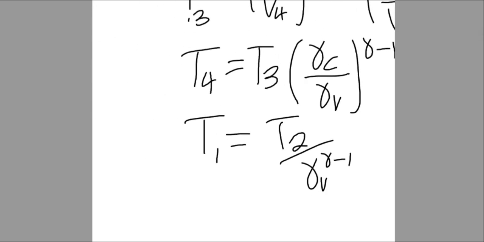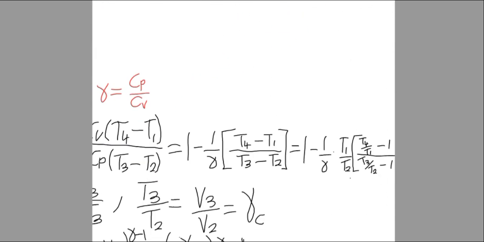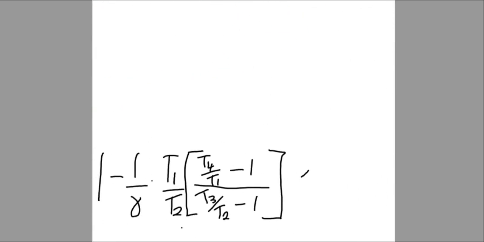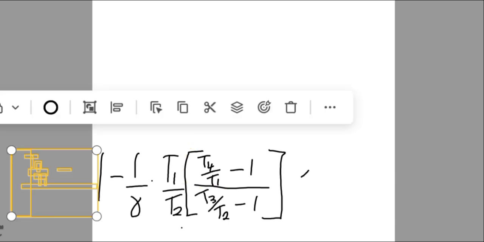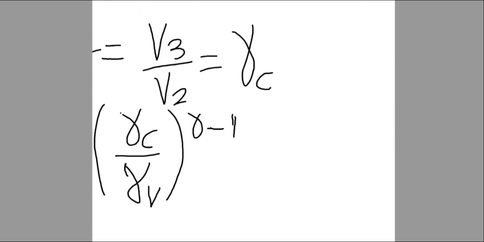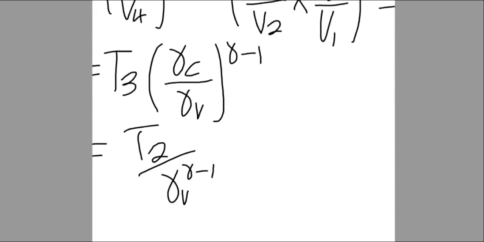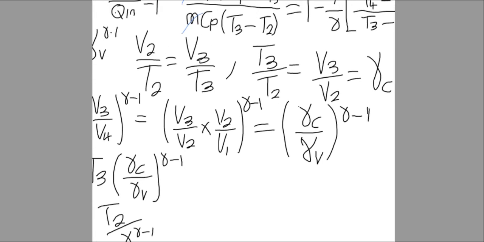So that is what T1 is going to be. So now what is our aim? Our actual aim is to get the value of T4 over T1 that we have there. So since that is our aim, we are just going to move on and do our value T4 divided by T1.